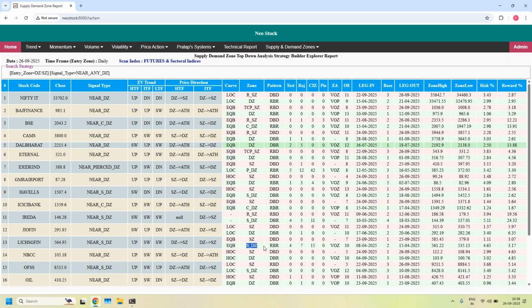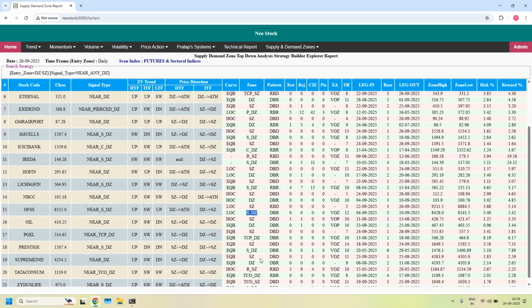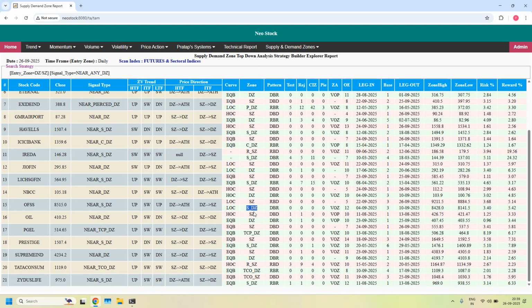LIC Housing Finance is having a daily high liquidity demand zone. Next, OFSS, Oracle Financial Services, is having daily high liquidity demand zone. Scrolling the list down. Next, PGEL is having daily high liquidity demand zone.